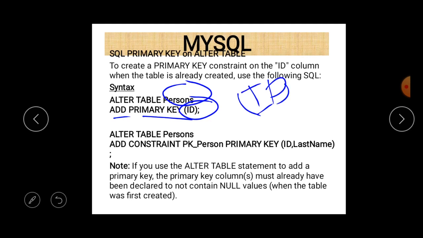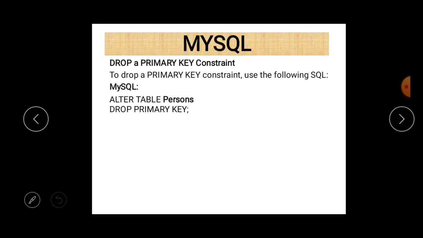You can also add a primary key in this fashion: ALTER TABLE persons ADD CONSTRAINT, just after that give the name of the constraint, which is pk_person, and then PRIMARY KEY, and the primary key contains two column names, ID and last name. And if you want to drop a primary key, then ALTER TABLE person DROP PRIMARY KEY.